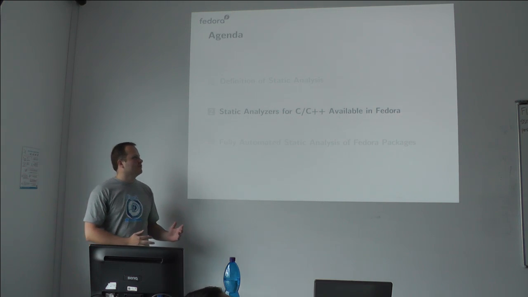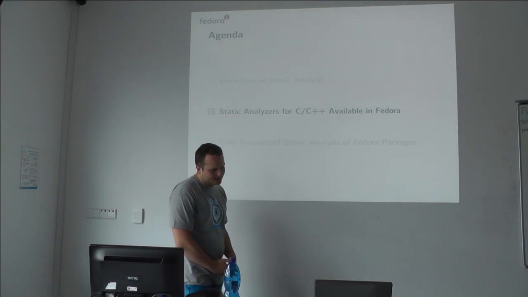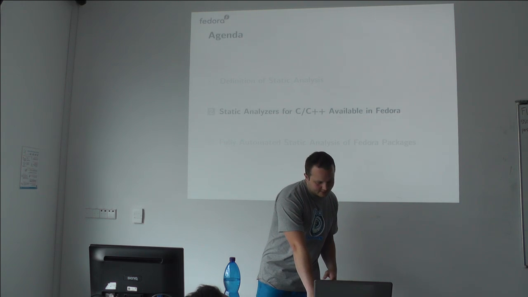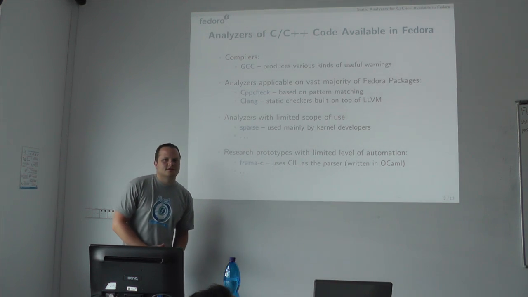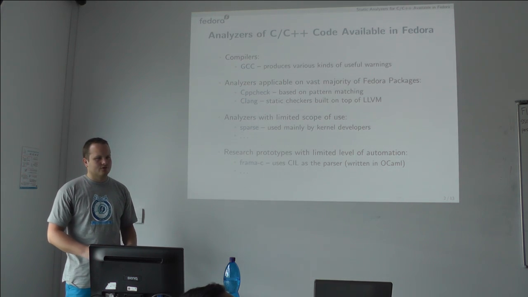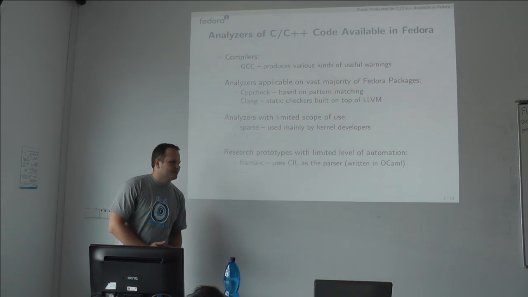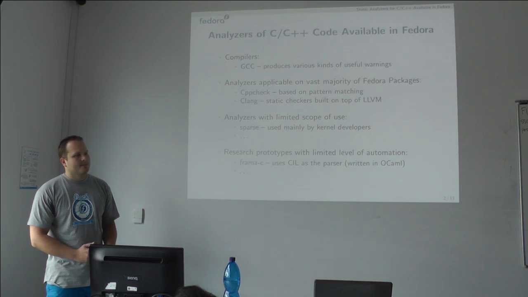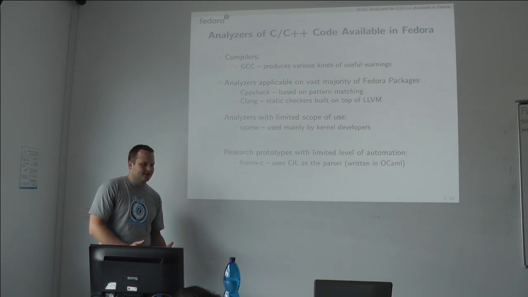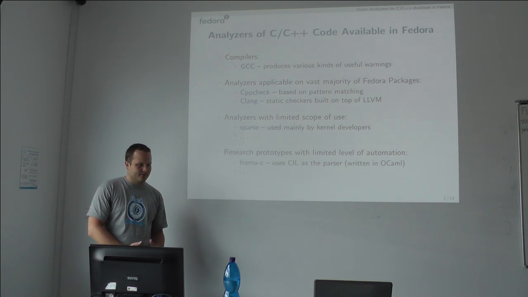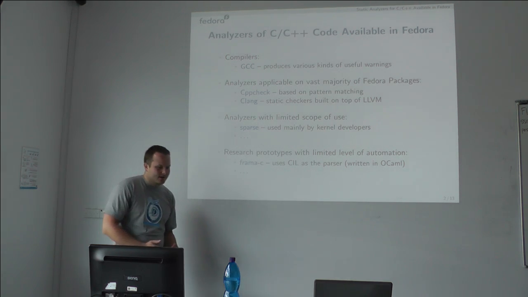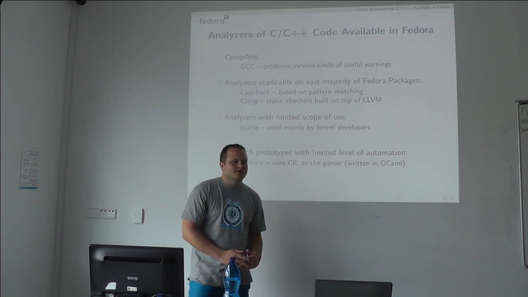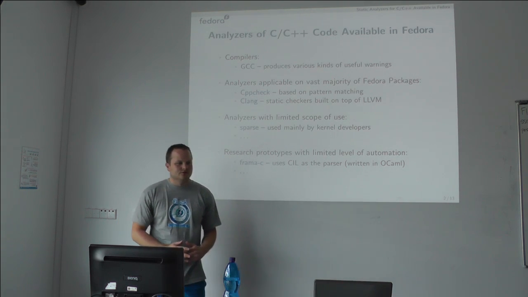So I have covered the definition of static analysis. Now I will go through the static analyzers we have in Fedora and we can use. As I said, static analysis is also used by compilers, and GCC is the primary compiler used for compiling C and C++ Fedora packages. Besides compiling the code, it also produces various kinds of useful warnings.